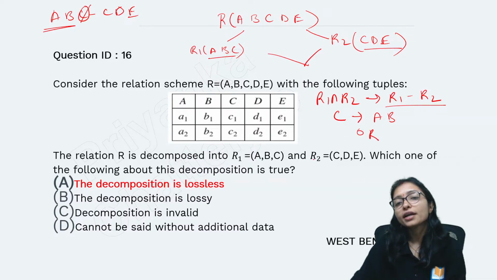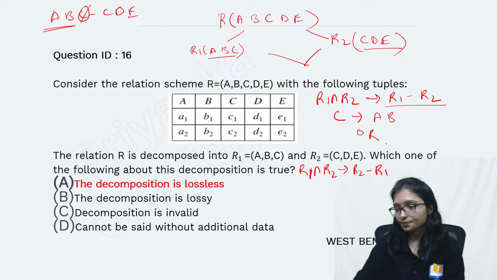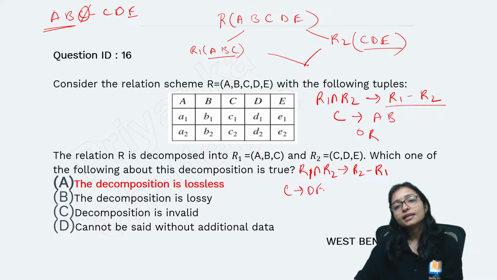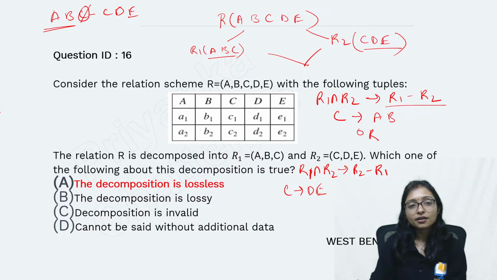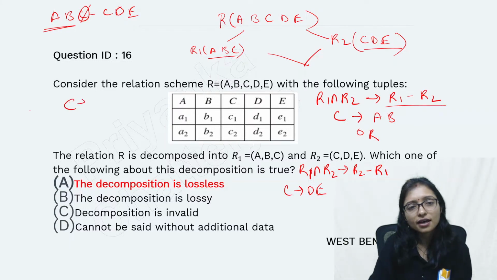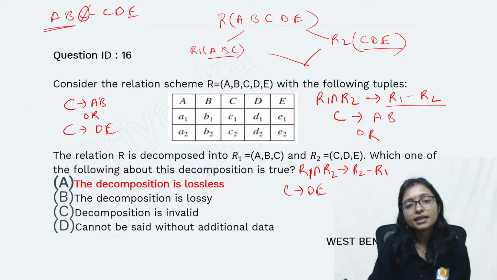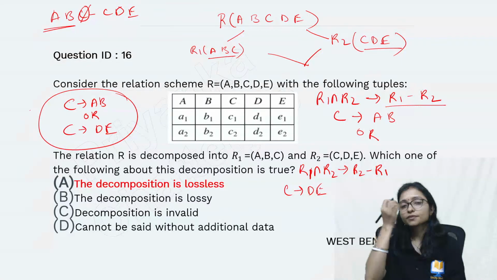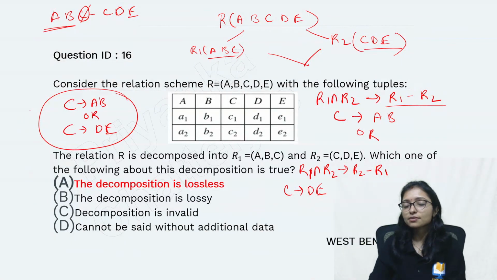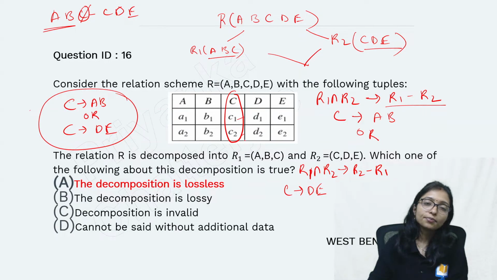Or I have to find out R1 intersection R2 implies R2 minus R1, that means C implies DE. I have to find out either C implies AB or C implies DE. Is it satisfying or not? That is my target. Now check the C column. In the C column you can see that the values are not at all the same, they are different.